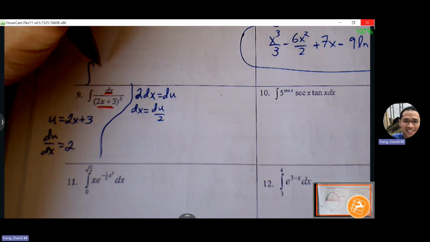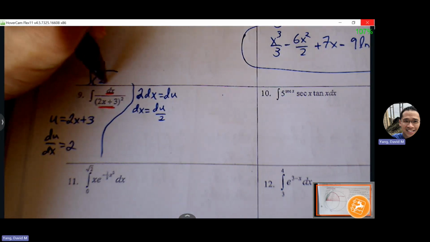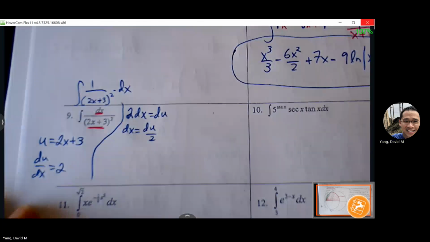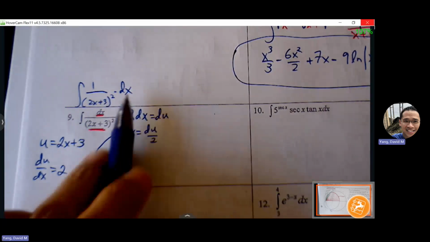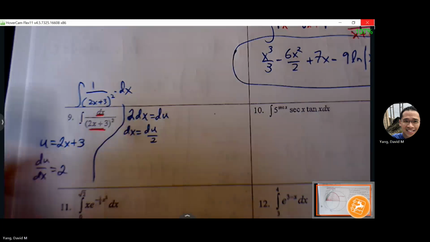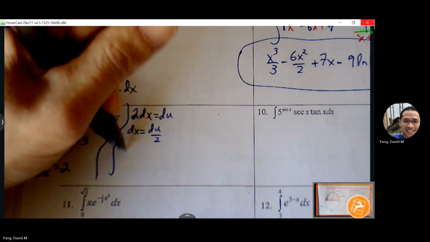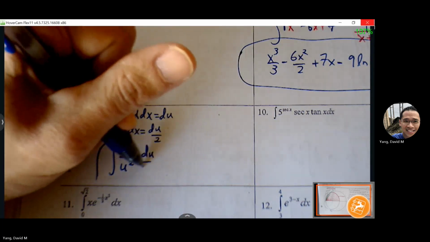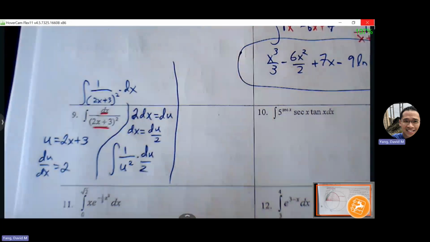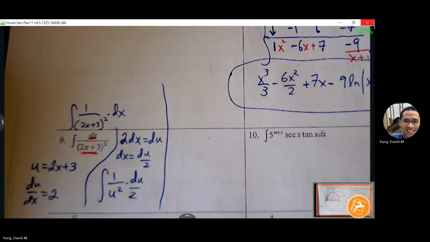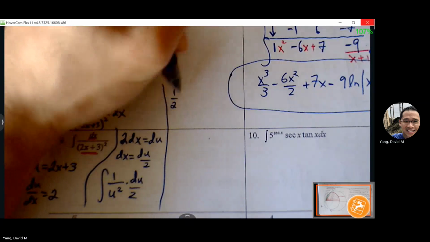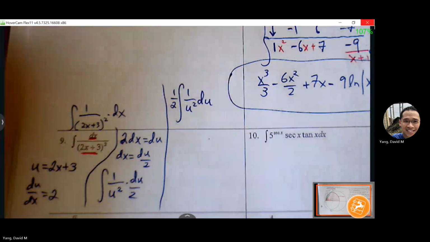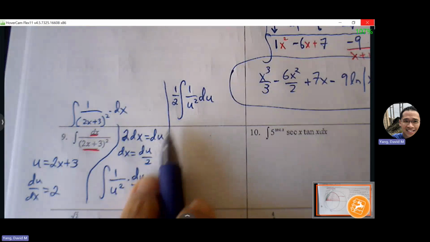I can think of this as 1 over 2x plus 3 squared times dx. If I make my substitution, the dx becomes du over 2. What can we push out? Mhm. All right, what rule do we use for this?